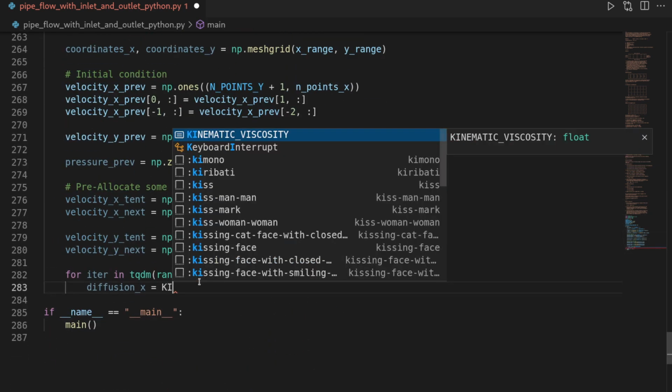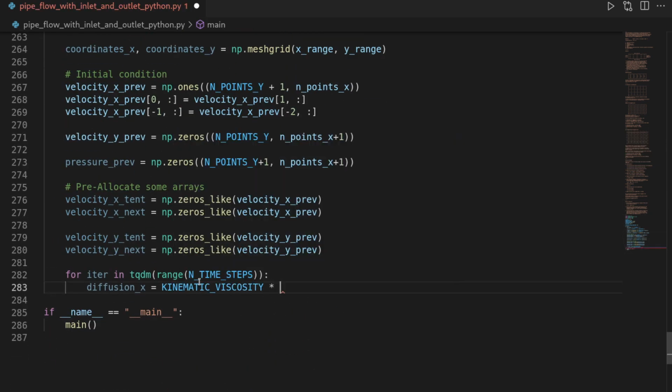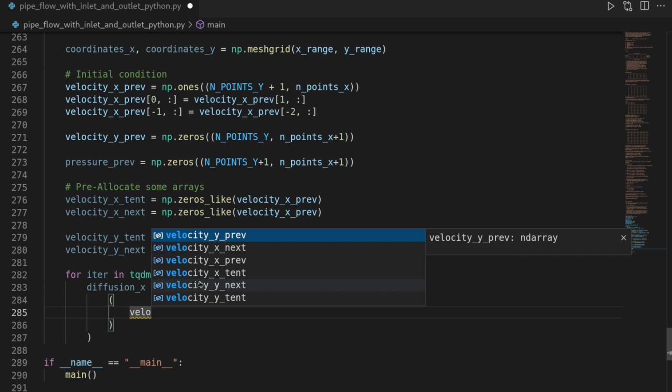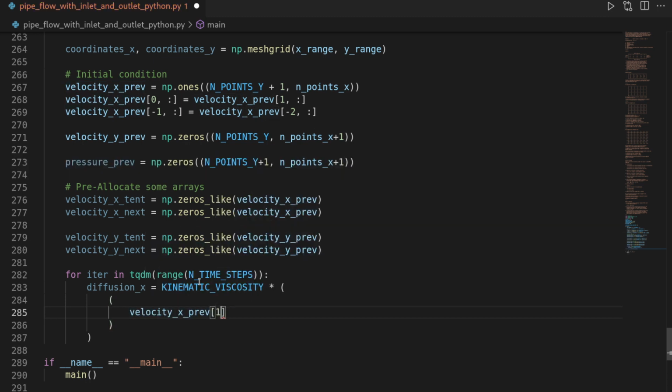So we say kinematic viscosity, this is the new value, multiplied with, and then we have the velocity x previous, indexed at all points in y direction. And here I will just use the interior points.